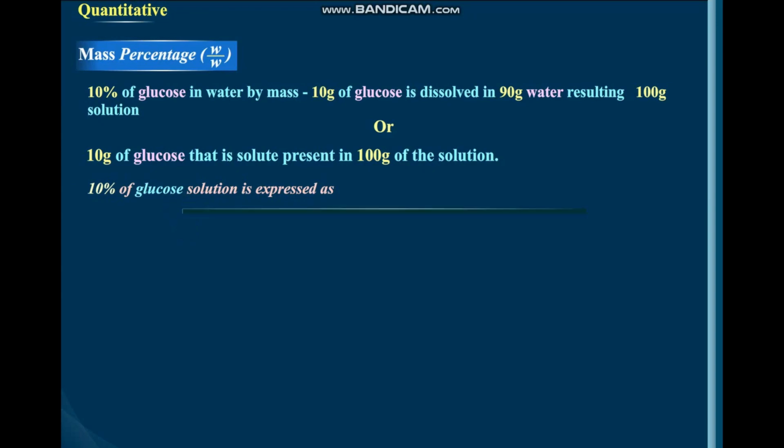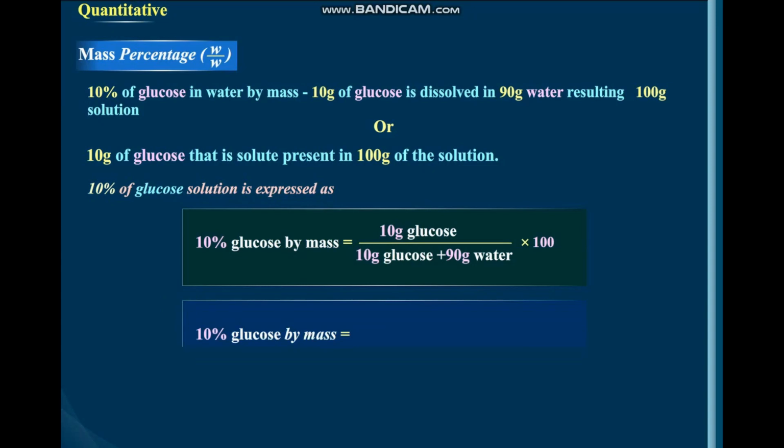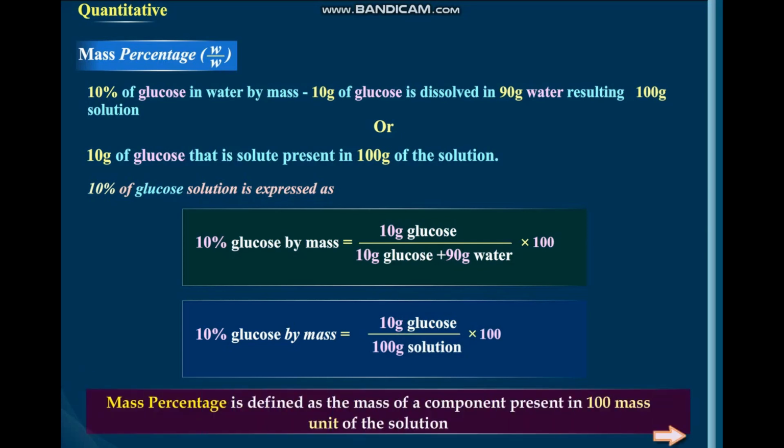10% glucose by mass is equal to 10 gram of glucose divided by 10 gram of glucose plus 90 gram of water, into 100. That is 10 divided by 90 plus 10, which is 100, into 100.